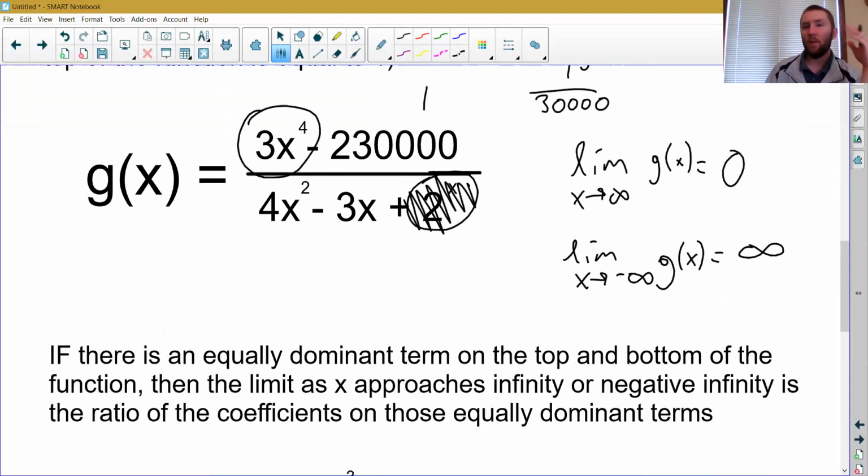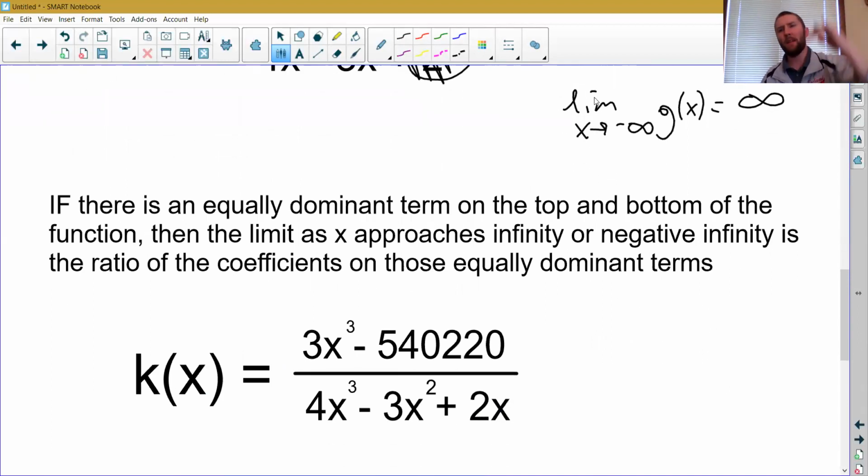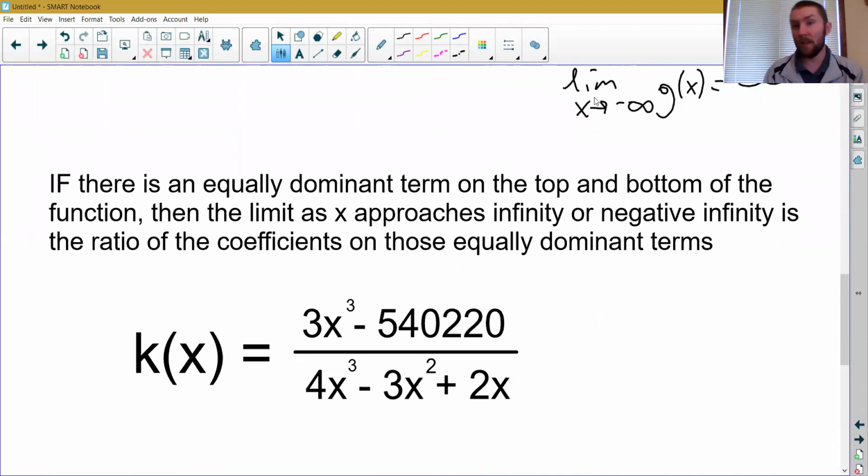And then finally, the only other option, if the dominant term is not on the top and not on the bottom, is what if they are equally dominant? What if the top and bottom of the function have an equally dominant term, like we have here? If I look at these terms, 3x to the third minus 540,220 over 4x to the third minus 3x squared plus 2x, the dominant term, or the winner of the race to infinity, remember, we're ignoring what it's multiplied by or what it's added to.